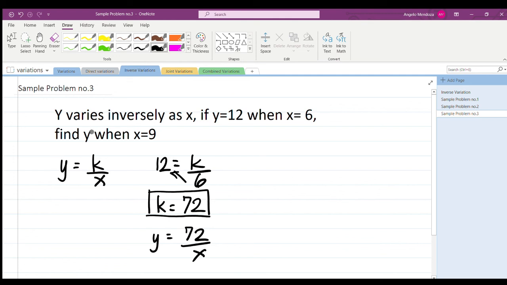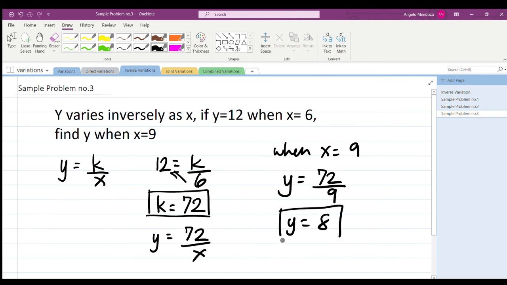We're going to look now for y when x is 9. So when x equals 9, y equals 72 over 9. So your y will be equal to 8. That is how inverse variation works.